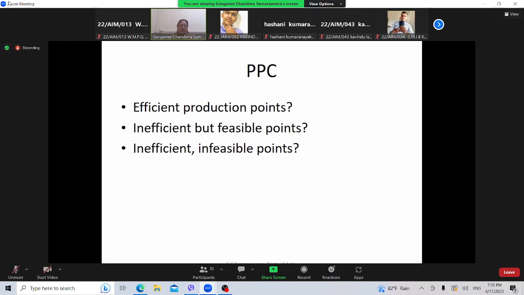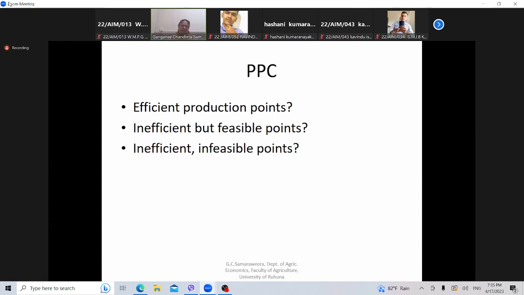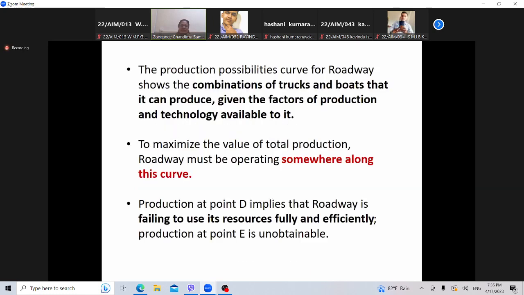Now I think you all know the efficient production points A, B, C, the inefficient but feasible point D, and the infeasible point E. Okay, so the production possibility curve for roadway shows combinations of trucks and boats that can be produced with the given factors of production and technology.